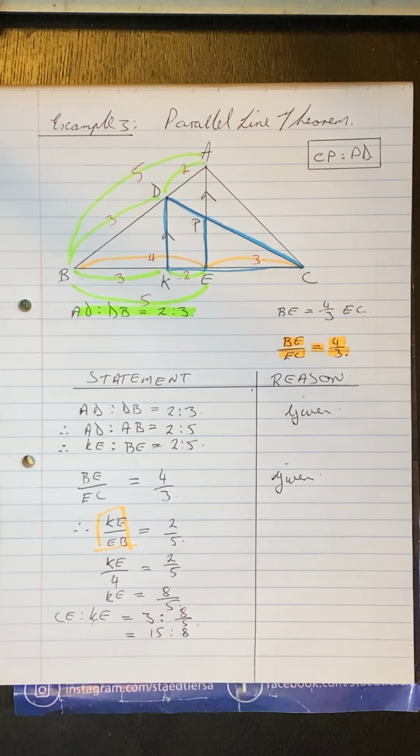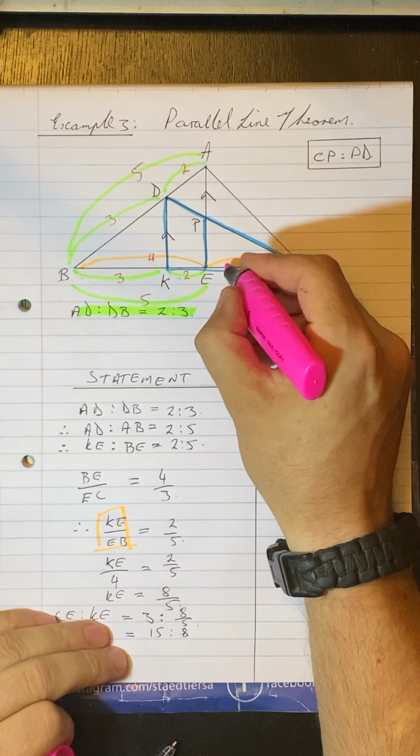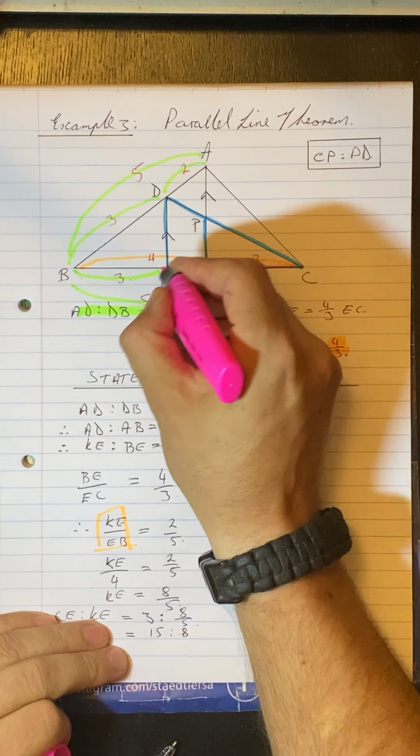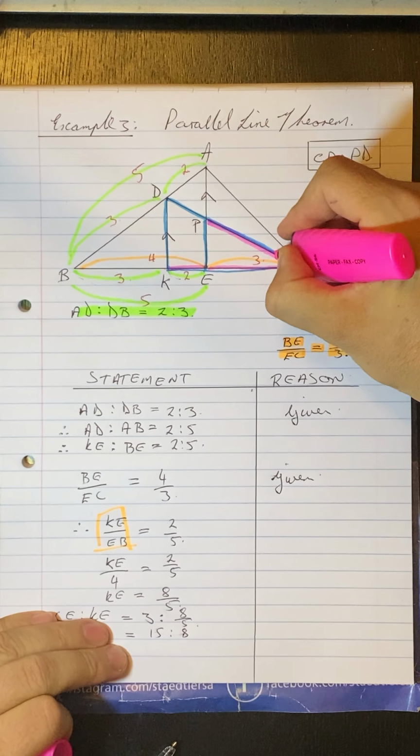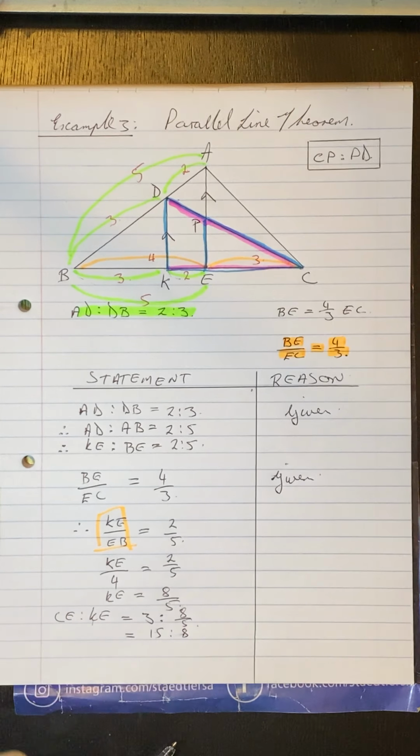I've just multiplied up by the 5. So I now have this bit to this bit, which will be the same as this bit to this bit.